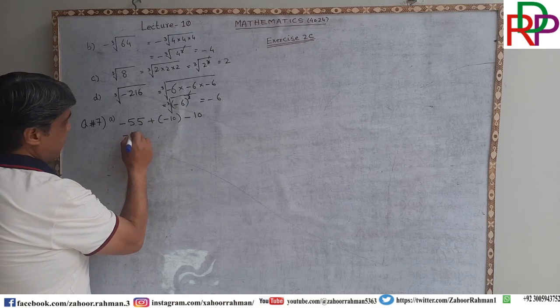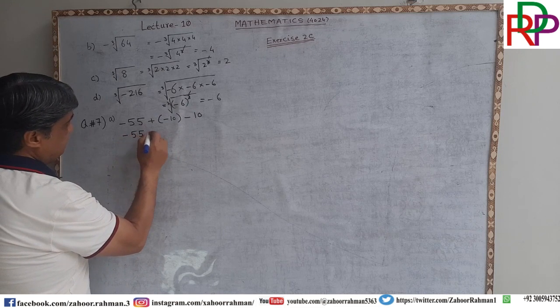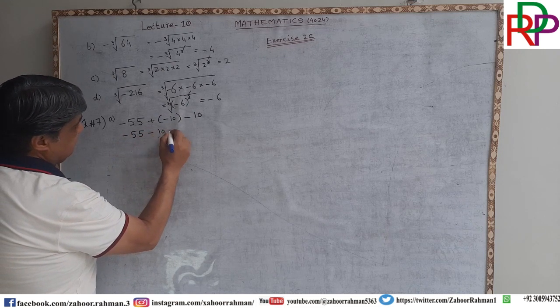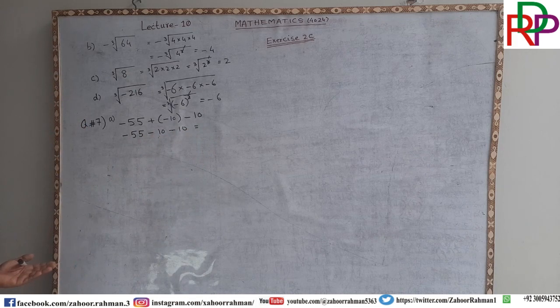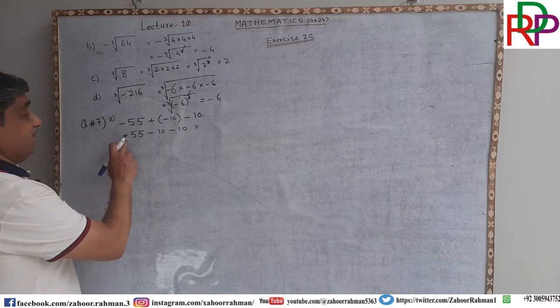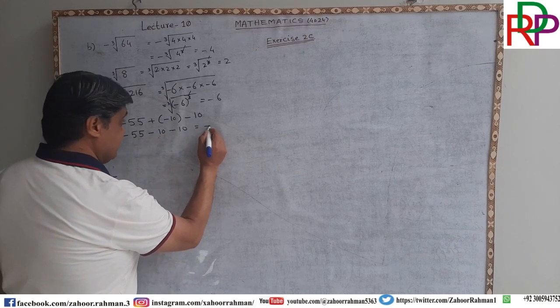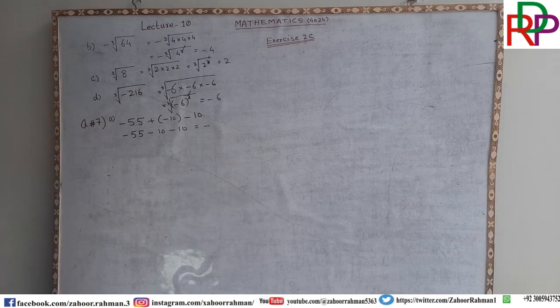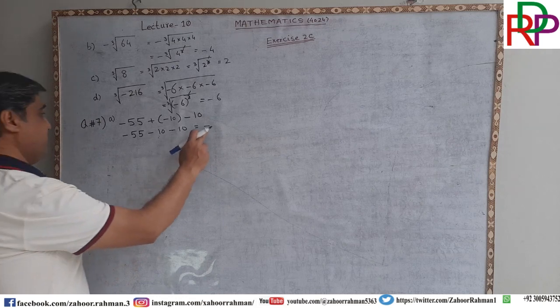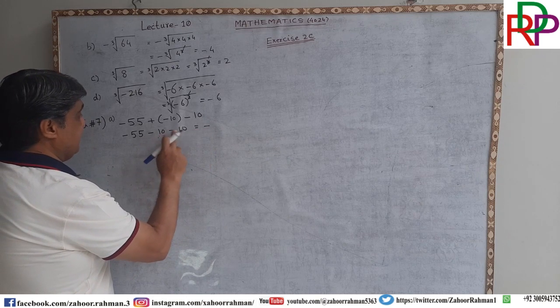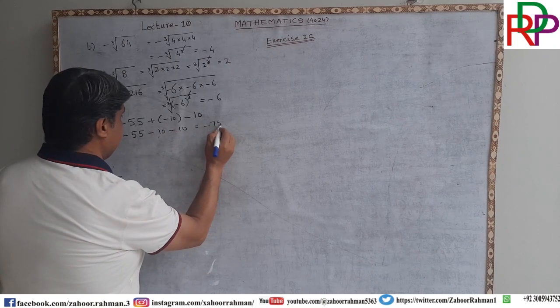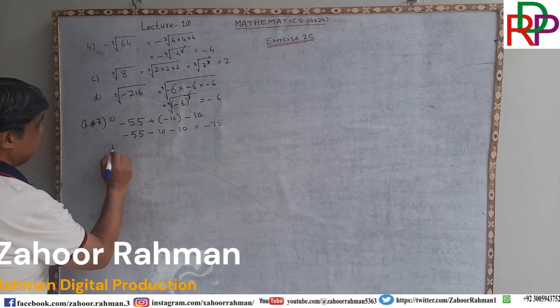So we are writing minus 55, minus 10, and minus 10. Now it comes to simple addition. You know from the previous lecture, if all the symbols are the same, without giving any thought to it, write negative. Then 55 and 10 is 65, and 75 is the answer.